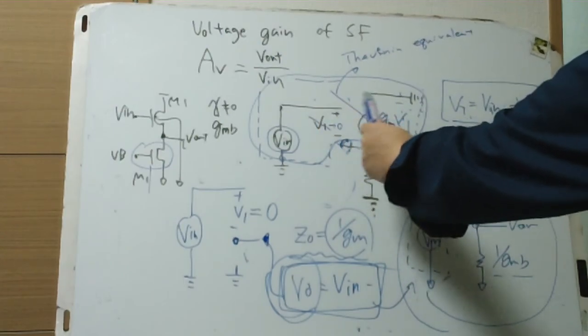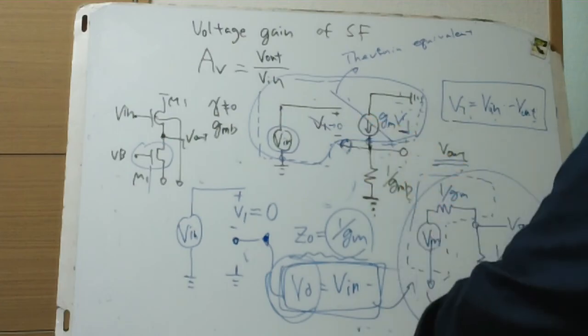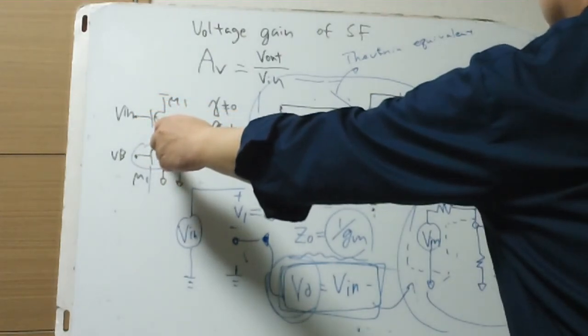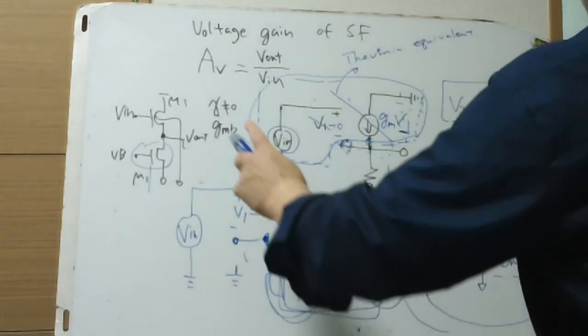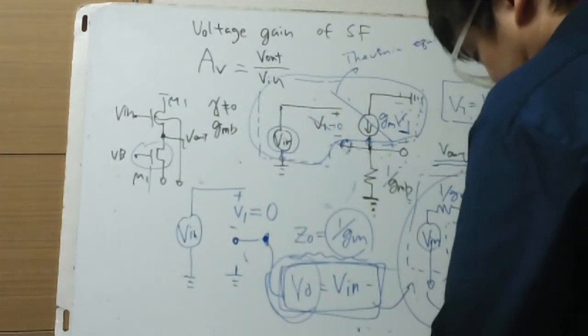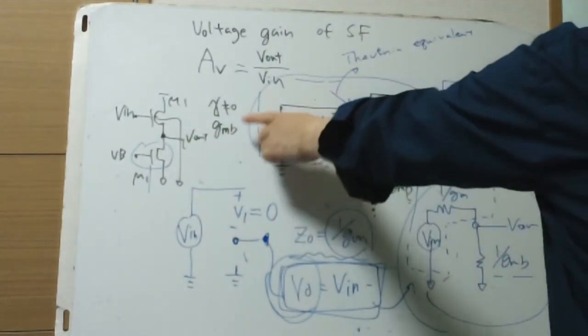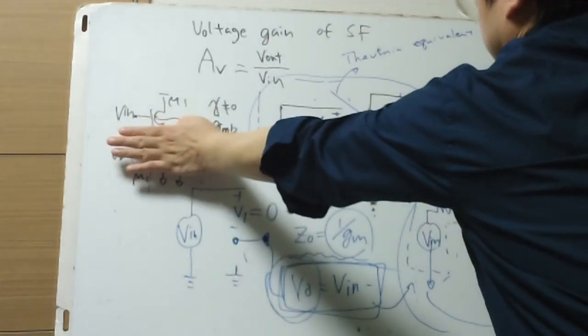This is 0, and this voltage appears as V out in this equivalent circuit. Well, physically, this is never shorted, so it's weird. Now this is V out. Now these are virtual parts, excluding these parts.